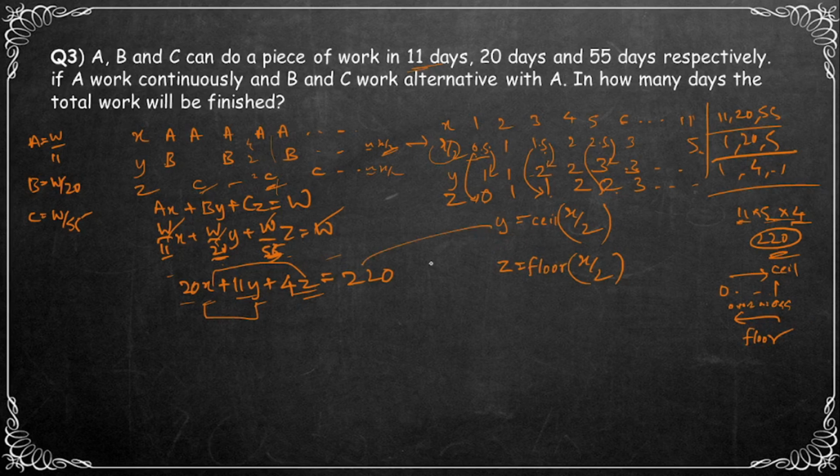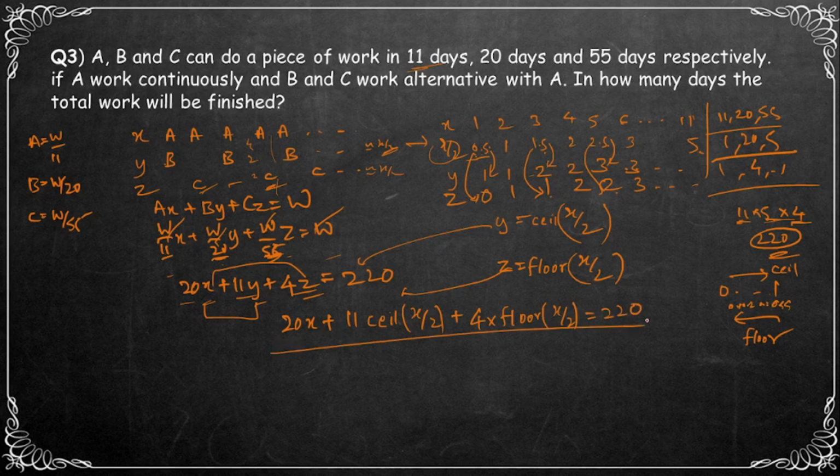If we substitute this in the equation, we get 20x plus 11 into ceil of x divided by 2 plus 4 into floor of x divided by 2 is equal to 220. So this is the exact equation.